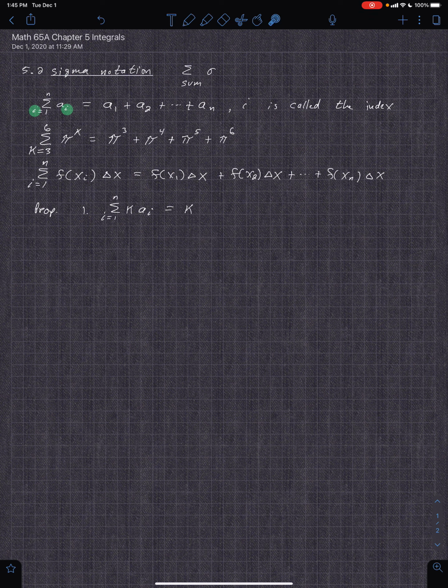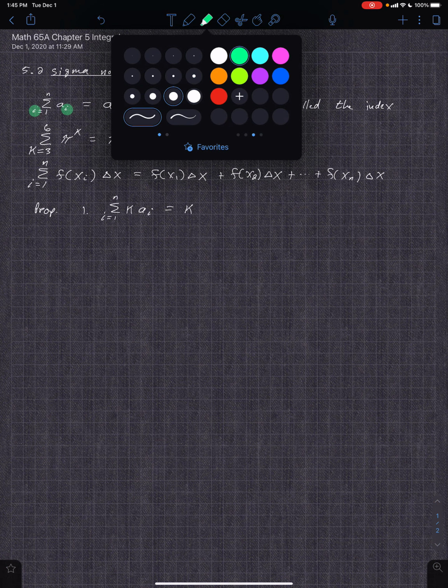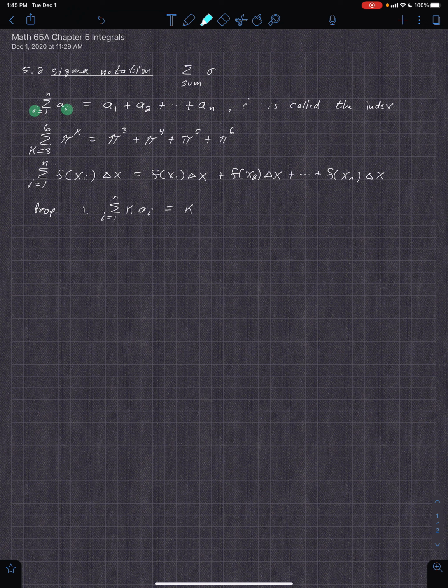It's similar to this one here, where we have this same delta x in every term. It's a common factor, so you can bring that constant out in front of the sum as i goes from 1 to n of a sub i, like that.